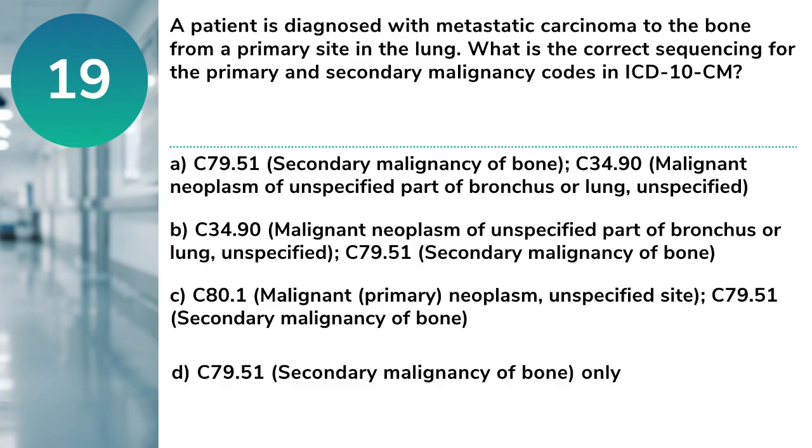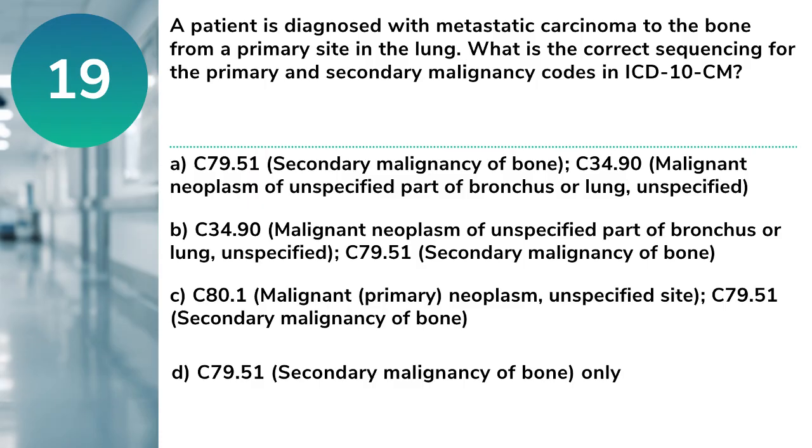Question 19. A patient is diagnosed with metastatic carcinoma to the bone from a primary site in the lung. What is the correct sequencing for the primary and secondary malignancy codes in ICD-10-CM? A. C79.51, secondary malignancy of bone, C34.90, malignant neoplasm of unspecified part of bronchus or lung, unspecified.